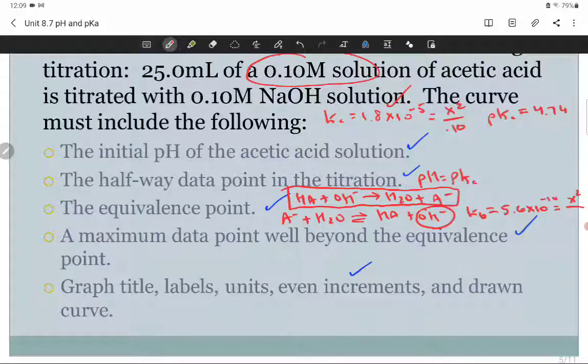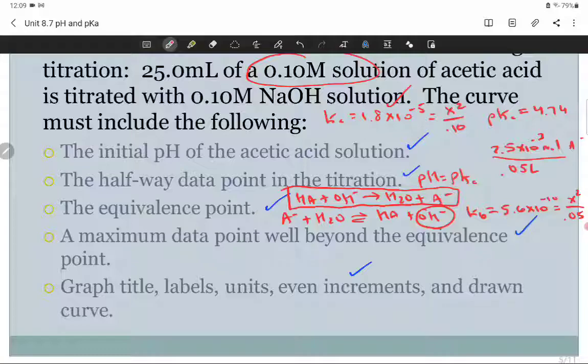So to refresh your memory, I think we ended up with 2.5 times 10 to the negative third moles of A minus, but we had 25 milliliters plus 25 milliliters, so 0.05 liters is our total volume. So that comes up with 0.05 molar.